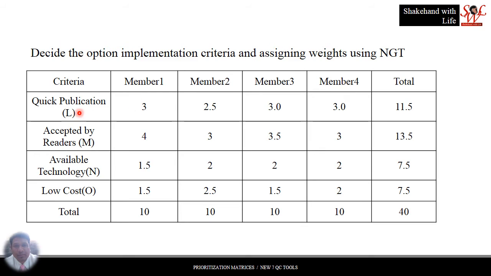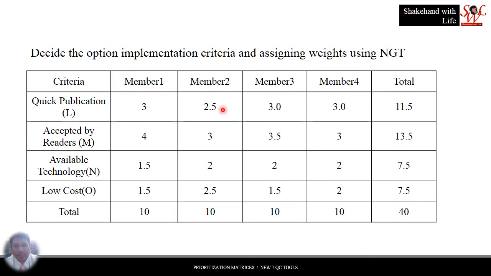Member 1 gave 3 to quick publication, 4 to accepted by readers, 1.5 to available technology, and 1.5 to low cost. Similarly, member 2 divides his total weight 10 into 4 parts: 2.5 for quick publication, 3 for accepted by readers, 2 for available technology, and 2.5 for low cost. And so on for member 3 and member 4.